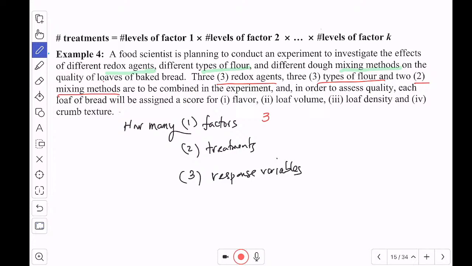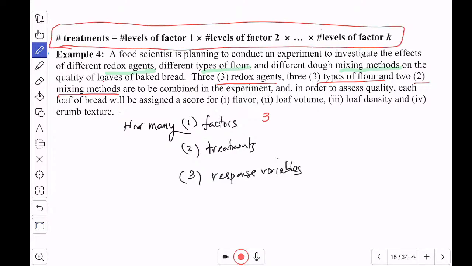So I've mentioned here how you determine the number of treatments, and you can think about the example of the physician health study where we had 2 factors with 2 levels, and that made 4. So what happened? 4 treatments. So what you're doing is you're multiplying, right? Like a matrix, number of levels of factor 1 times number of levels of factor 2.